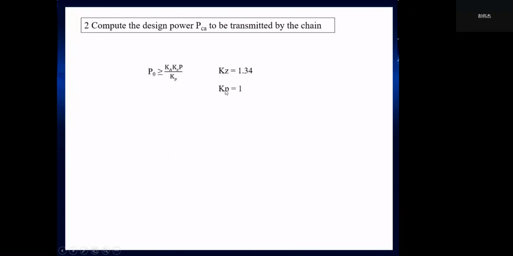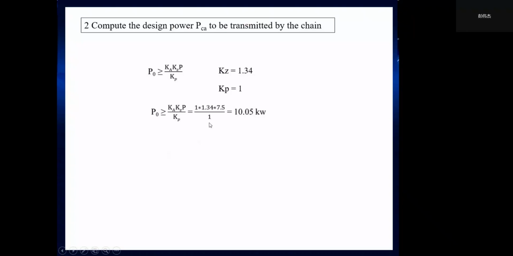Then we calculate P0. P0 is KA, which is 1, times KZ, which is 1.34, times the transmitted power 7.5, divided by KP, which is 1. Then P0 is 10.05 kilowatts.